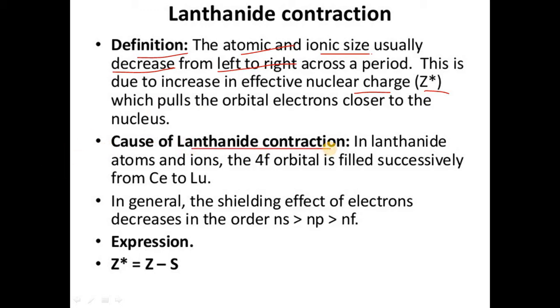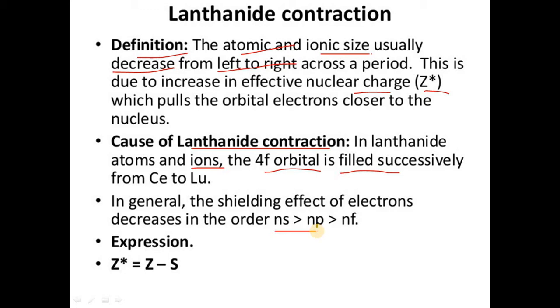In lanthanide atoms and ions, the 4f orbital is filled successively from cerium to lutetium. That is, after lanthanum all the incoming electrons go into the 4f orbital series. In general the shielding effect of electrons decreases in the order s orbital shows more shielding than p, than d, than f.